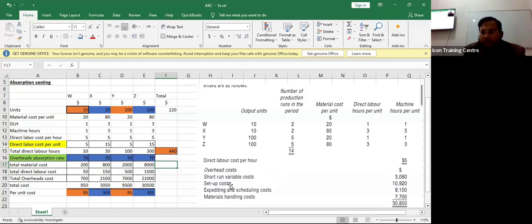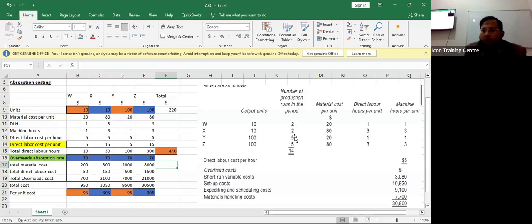what is the driver of setup cost? It will be the number of production runs, right? If you run 2 production runs, you have to incur setup cost 2 times. Now for Y, how many production runs do you need? 5.